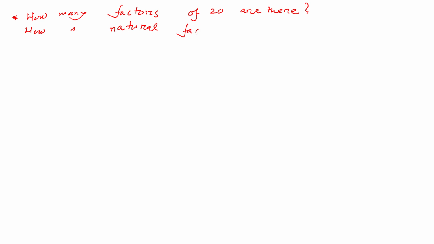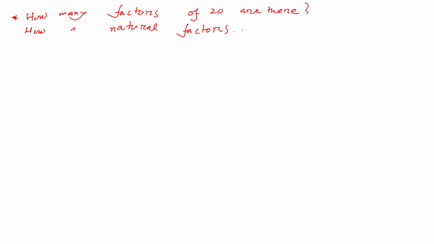The natural factors are like, you will neglect that particular one. I mean, you won't include 1 among the factors. If you include 1, that won't be a natural factor, because 1 is a factor of all numbers.